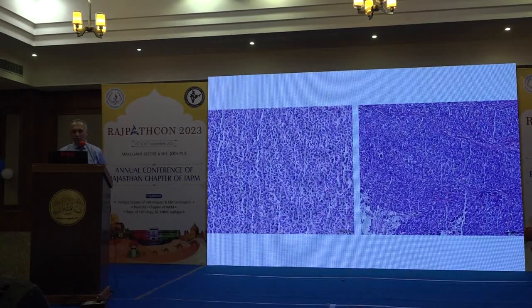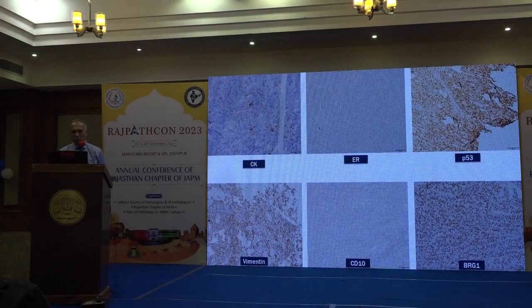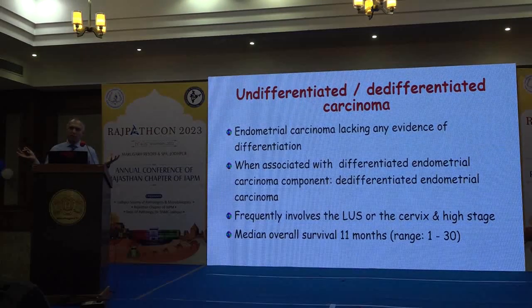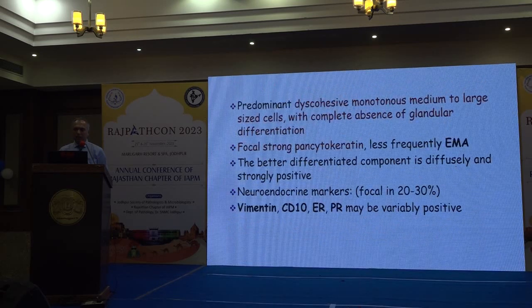You can also get them as completely solid-looking tumors of monomorphic cells. You can see CK is only focal positive here, ER is lost, P53 is diffuse, vimentin positive, CD10 is not there, BRG1 is retained. So these kinds of cancers are clubbed together as undifferentiated and de-differentiated carcinomas, and they frequently involve the lower uterine segment.